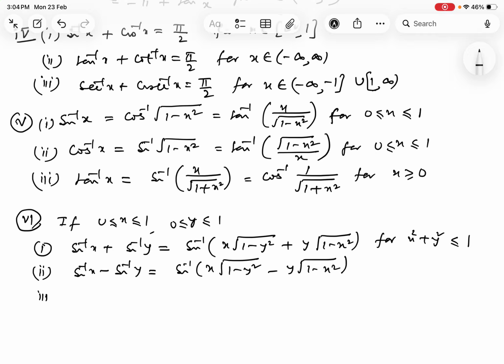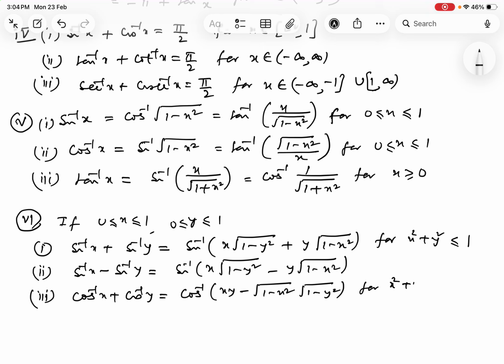Third result in this is cos inverse x plus cos inverse y is cos inverse of xy minus root of 1 minus x square into root of 1 minus y square, for x square plus y square less than or equal to 1.